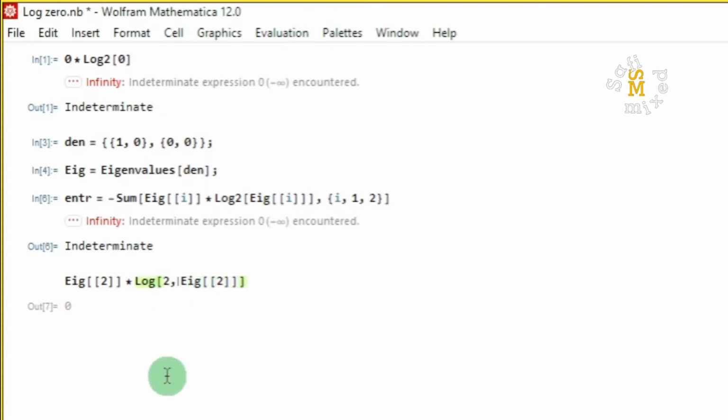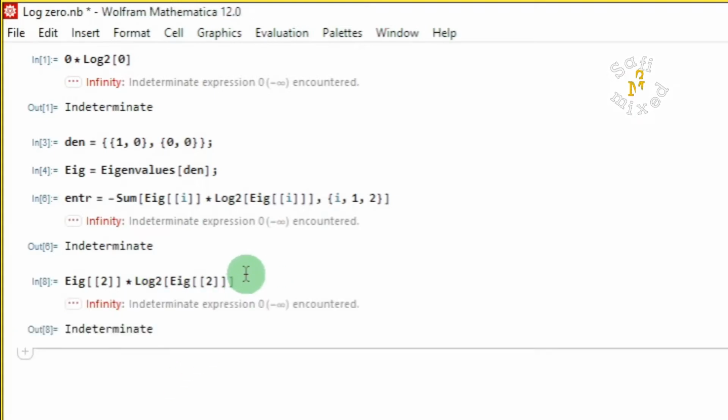I can use this command for the log, and I can use it this way. So if I run this, I'll get an indeterminate result because the second value is 0, and we get 0 times minus infinity, which gives me an indeterminate result.